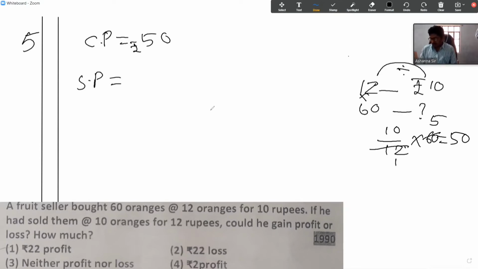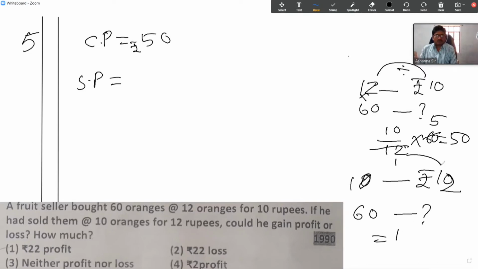So 10 oranges for 12 rupees. So how much for 60 oranges? We know the unitary method. So 12 by 10 into 60.